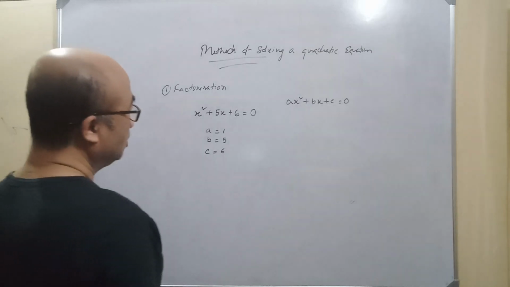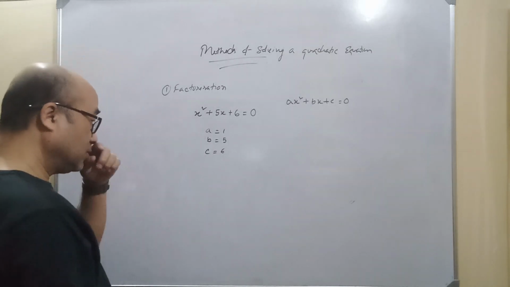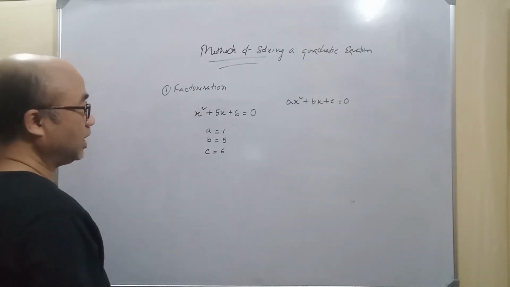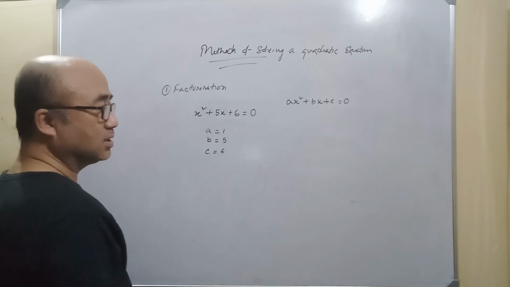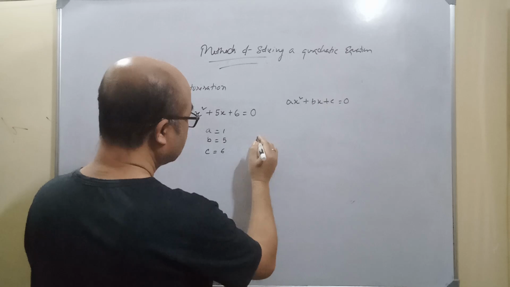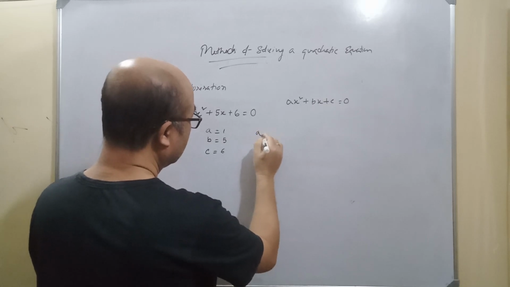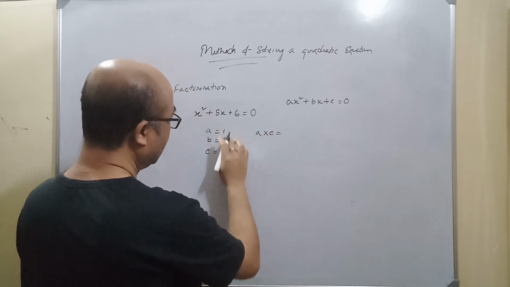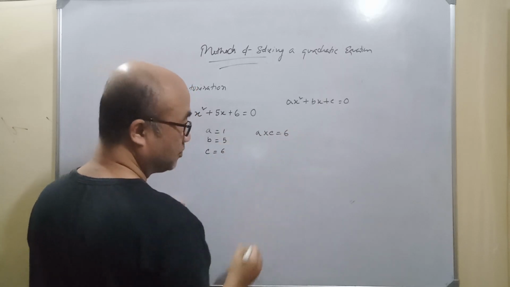Now, to use the factorization method, we have to find any two numbers whose product is equal to a into c. A into c is 6.